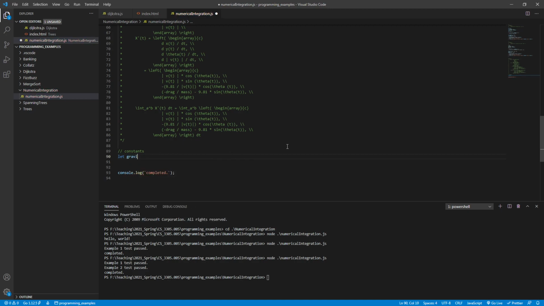So there's the gravitational constant, like 9.81. And whenever I have stuff like this, I always like to note the units in which it's measured. So meters per second squared, or variation of meters per second, right? But it's typically shorthanded to meters per second squared.